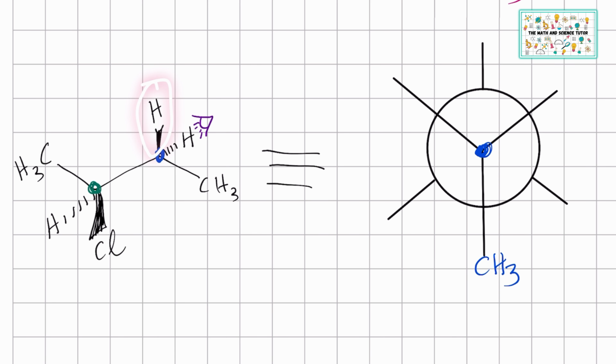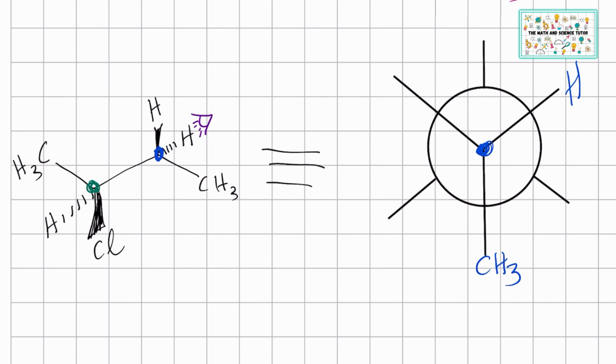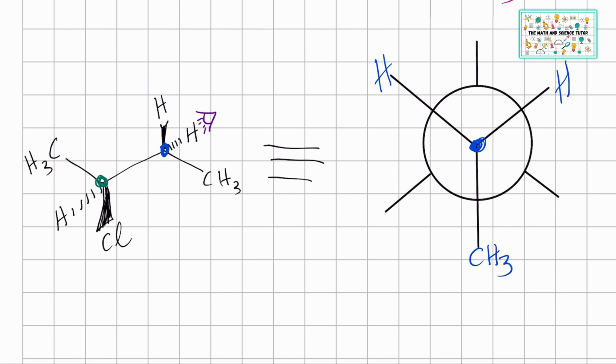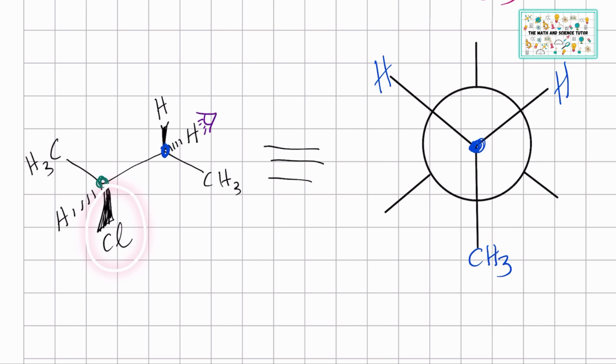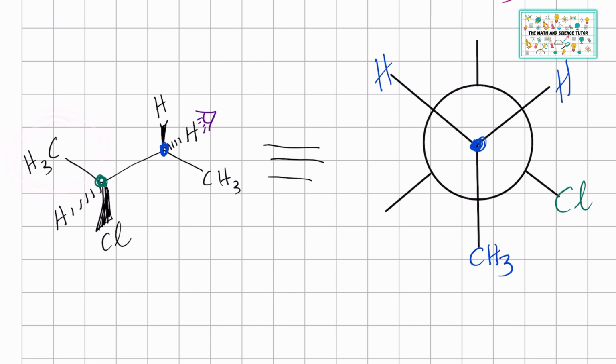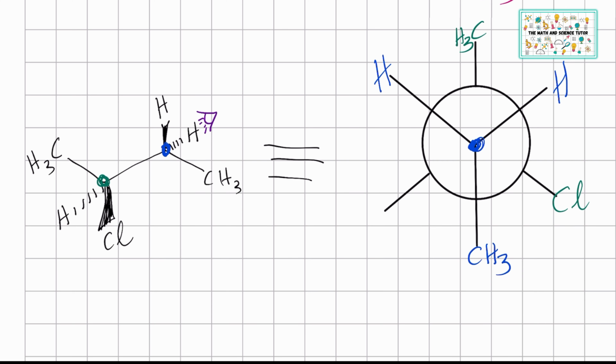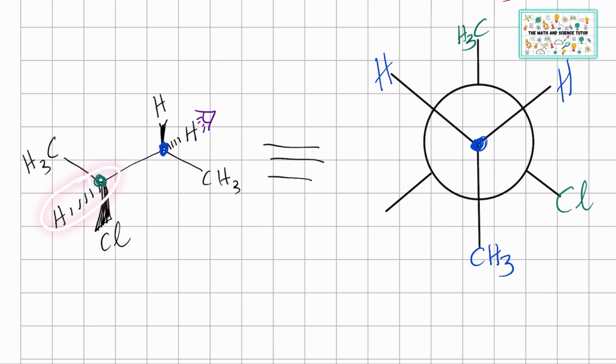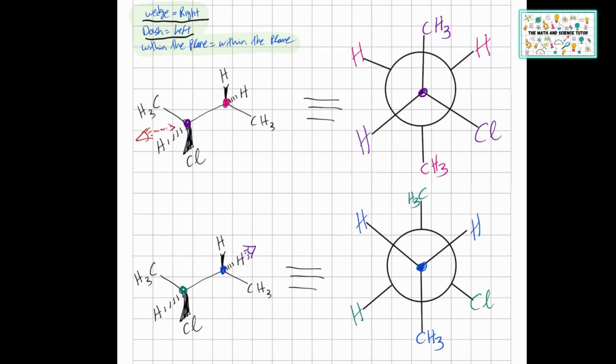This hydrogen is on a wedge, so it's going to be drawn on the right side. This hydrogen is on a dash, so it'll be drawn on the left side. As for the back carbon, the chlorine is on a wedge, so it'll be on the right side. The methyl group is facing up within the plane. And the hydrogen is on a dash, so it'll be on the left side. So these are the two conformations of the same compound looking at it from different angles.